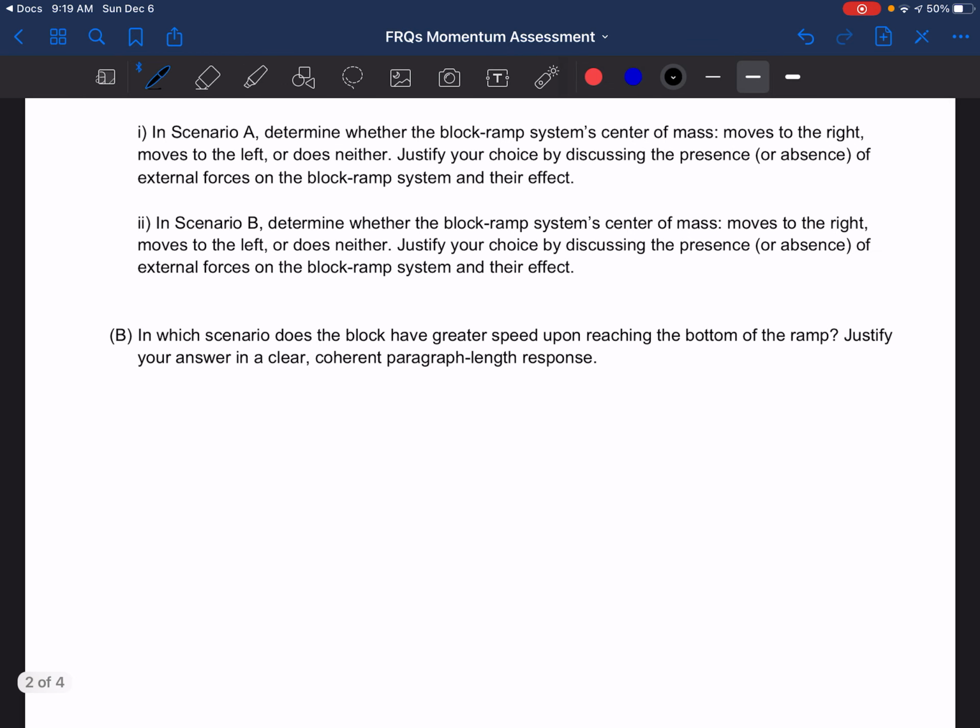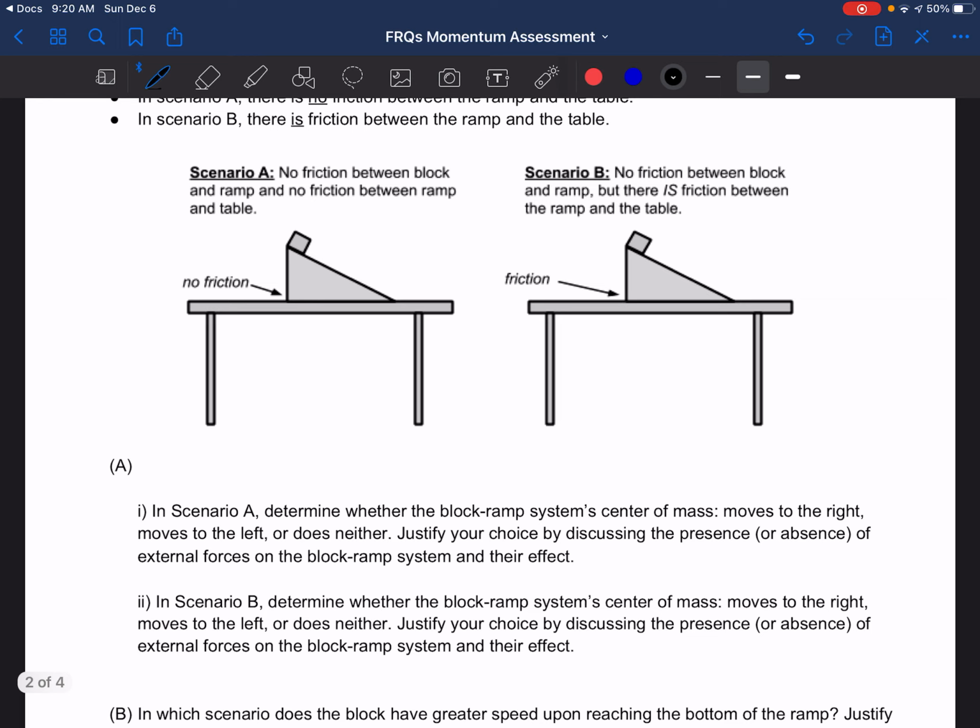The first was that the initial energy of both block-ramp systems is the same. And that's because they're exactly the same configuration. The block is the same height above the tabletop there.